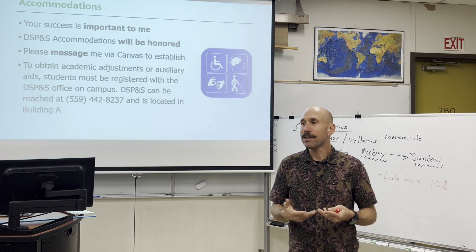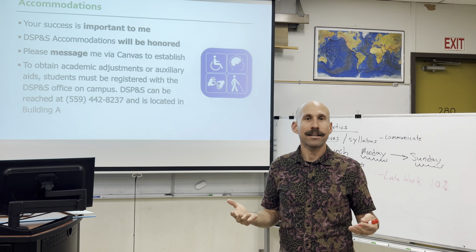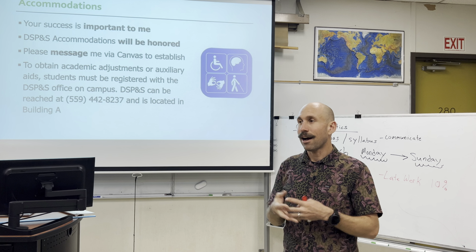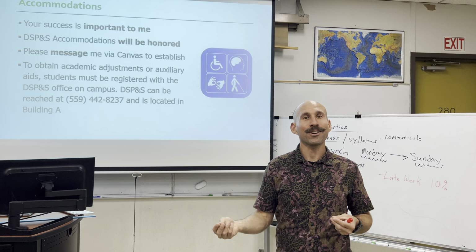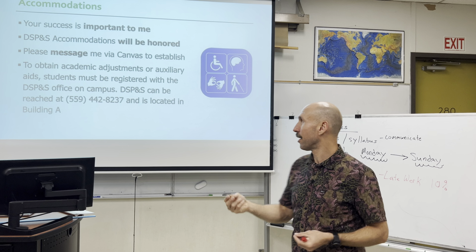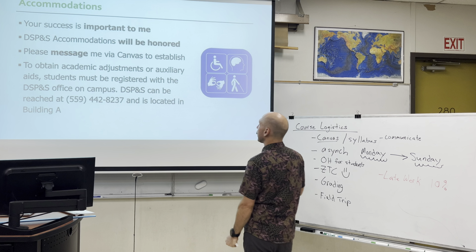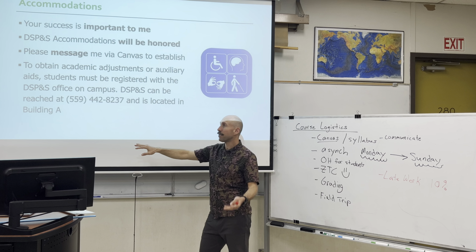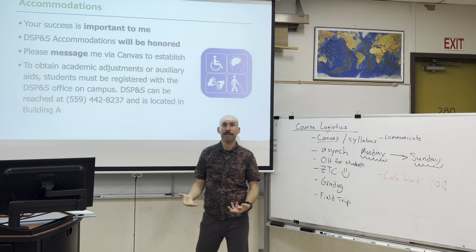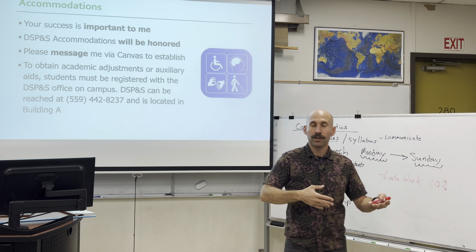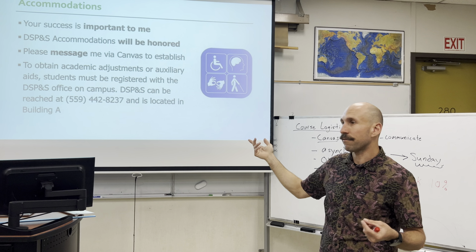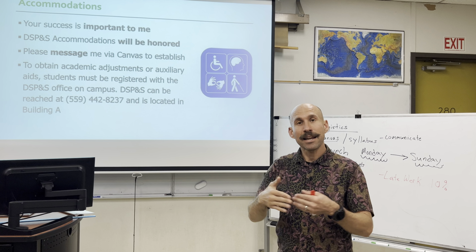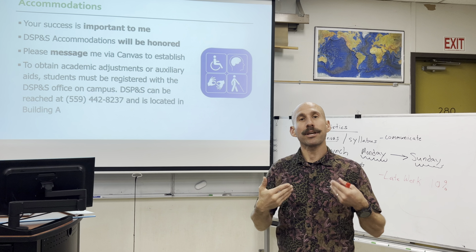That said, I'm here to serve everybody. And if you have an accommodation, I want to know, and I want to honor it, and I want to help support you. Fresno City College has the DSP&S office. It's located in Building A, where if you need accommodations, please reach out to them. If you have them, please talk to the DSP&S officer. And then the next step is, please communicate to me.